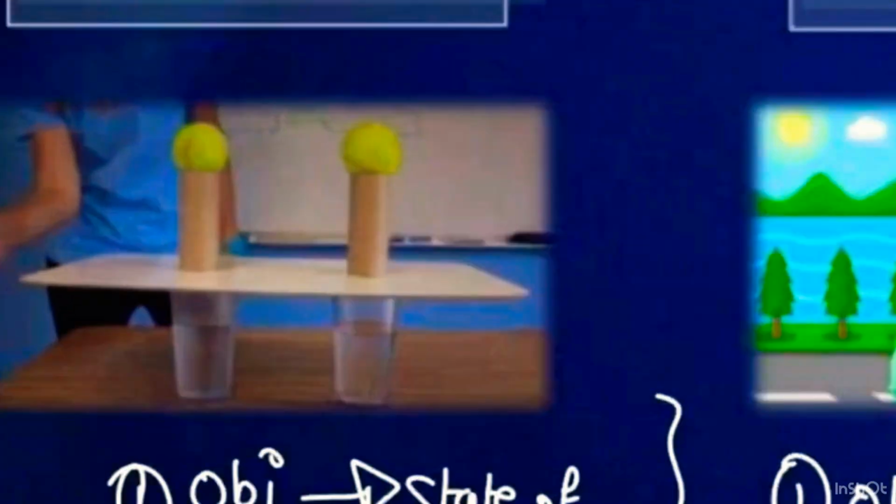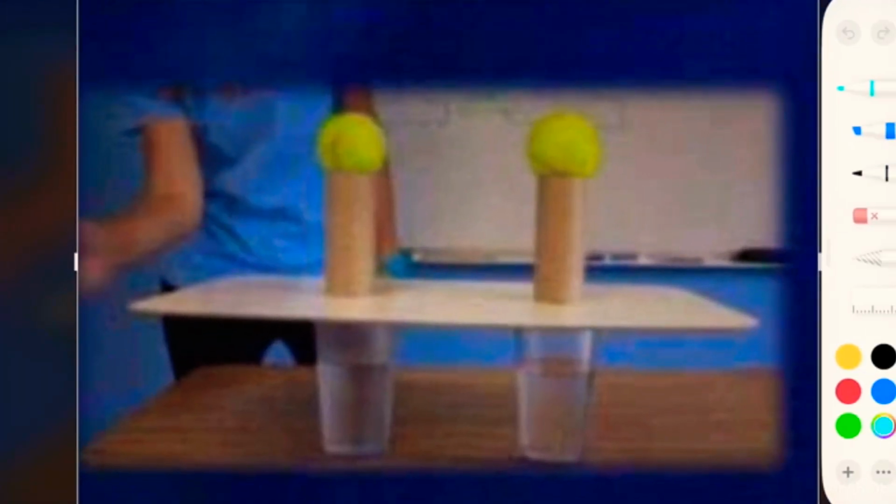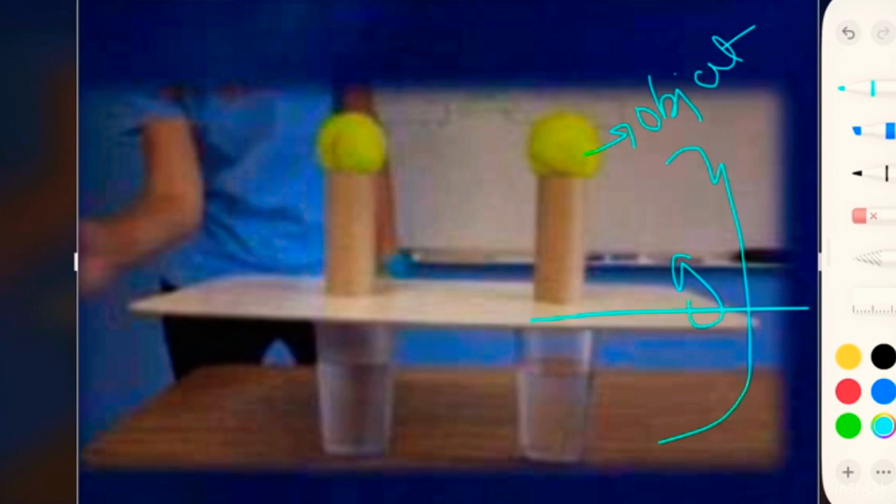So this is a cup. You have seen this experiment, I guess. You take this board, and the ball falls down. This is a great experiment, which many of us did in childhood, taking a paper cup. We saw it in class 9, I guess. So this is an object. Here comes the gravitational force. I am removing this board immediately.